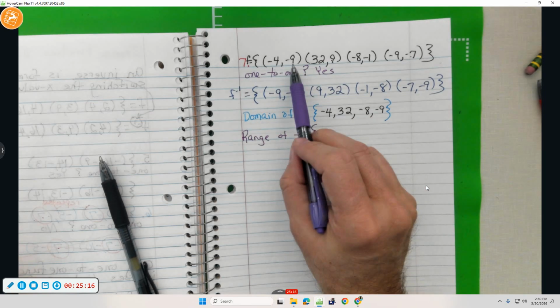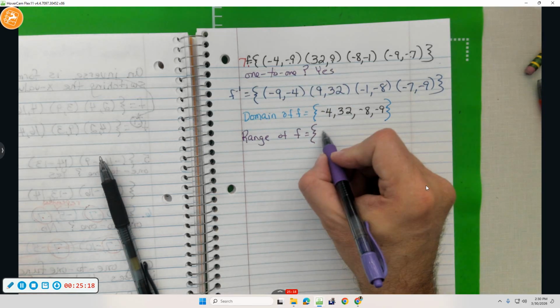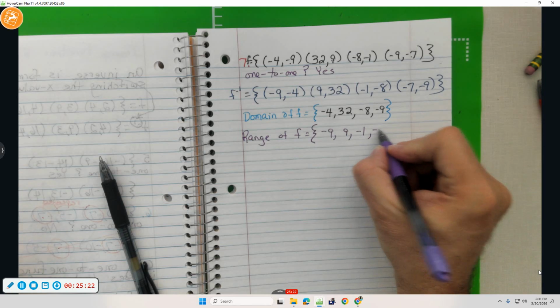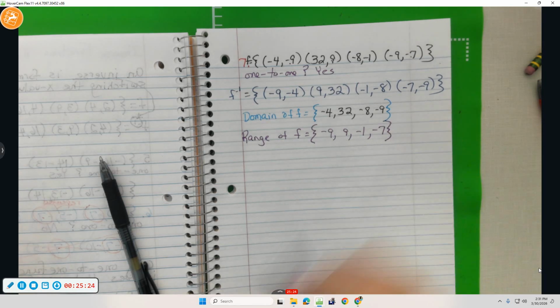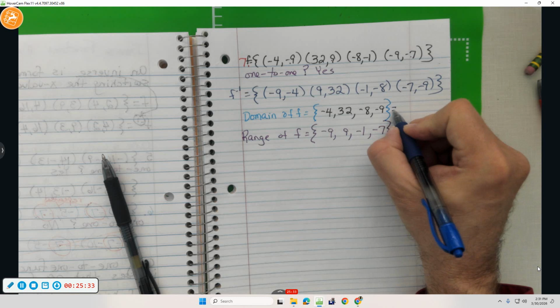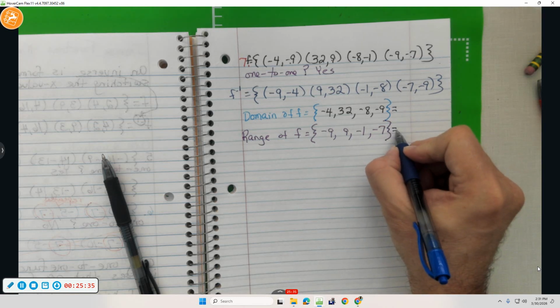The range of f would be the y values: negative 9, 9, negative 1, negative 7.